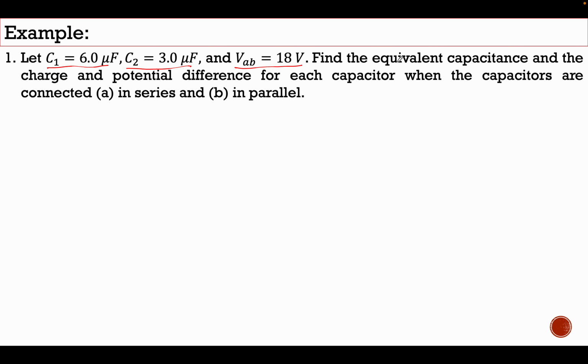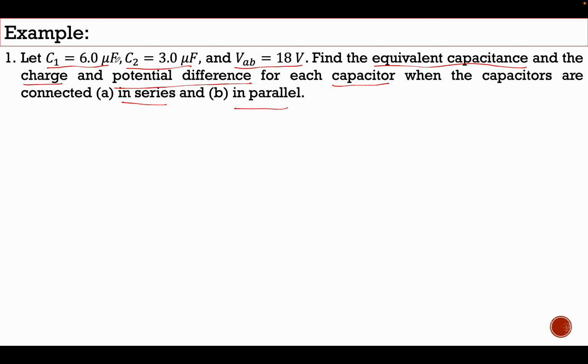Find the equivalent capacitance, or again the total capacitance, and the charge and potential difference for each capacitor, when the capacitors are connected in letter A series and letter B parallel. So again, we need to find the equivalent capacitance, and then the charge and the potential difference for each capacitor.